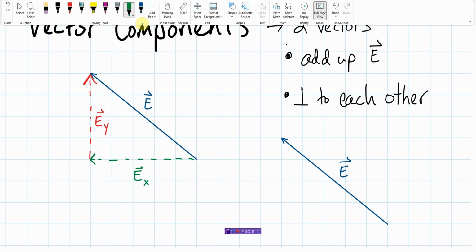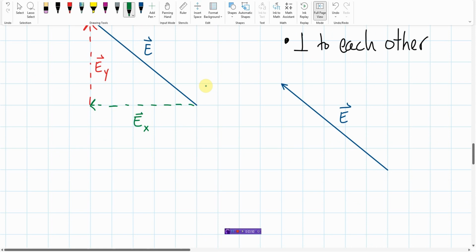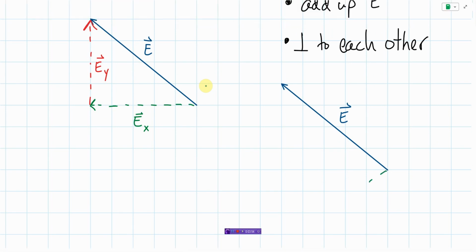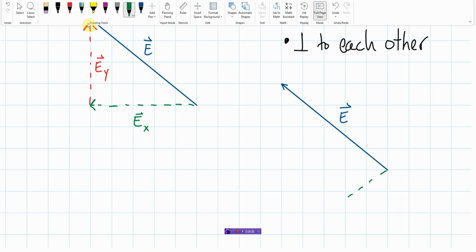Okay, so let's see. How about, I need to scroll down a little bit to see this better. If I did this way, I have to look at it with my head tilted over to the side to get this right. You can't see me doing this. My voice might be weird because I'm moving away from my mic to do this. Where would it be?